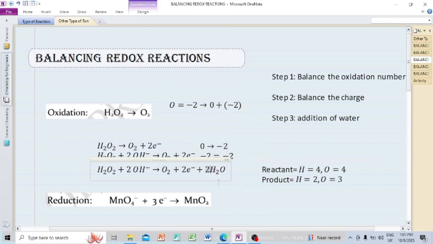So, 4. Okay na. Dito naman sa product side natin, we have 2 atoms of oxygen plus 1 times 2 is 2. So, meron na tayong 4 oxygen. And for our H, we have 2 times 2 is 4. So, balance na.